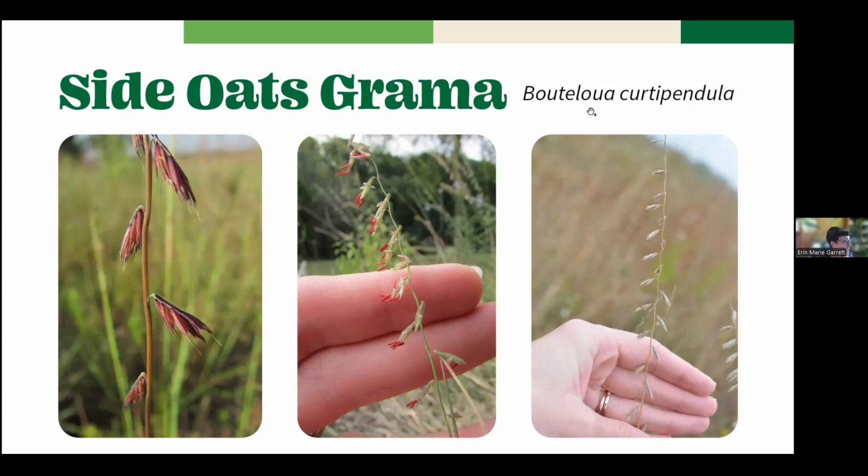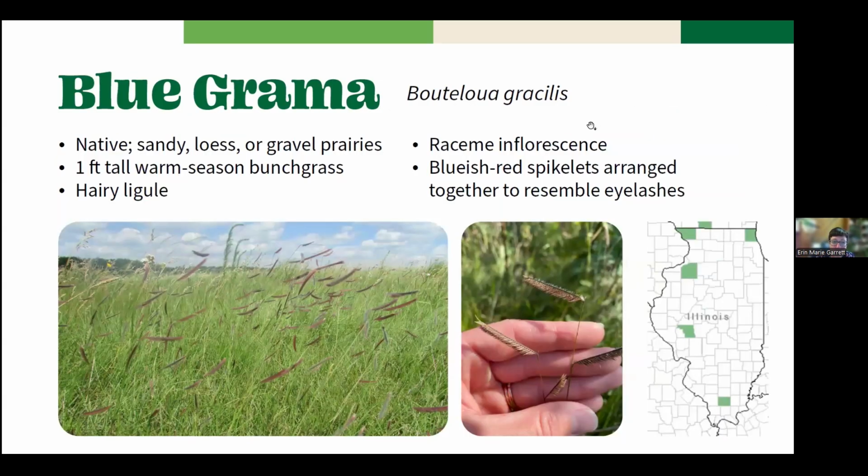Okay, so side oats grama is one Bouteloua, which is just the most fun genus name to say. The second one we're going to look at is blue grama, super restricted in Illinois. Only a few counties, very specific in wanting sandy, loess, or gravel prairies.